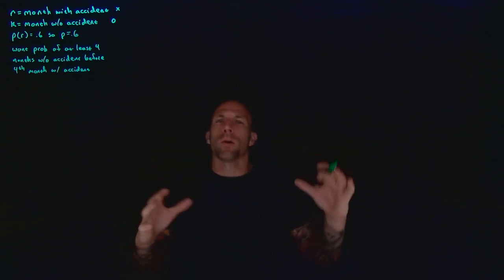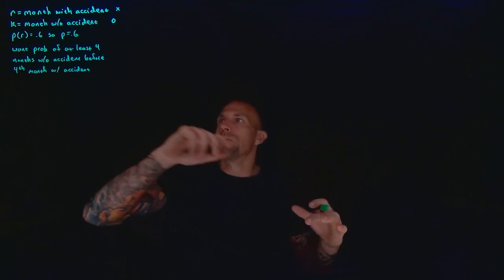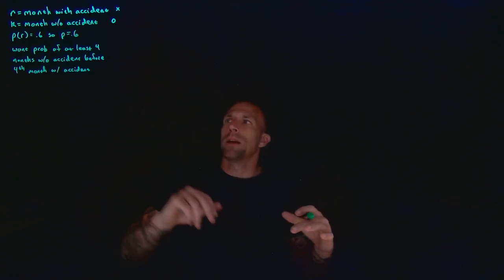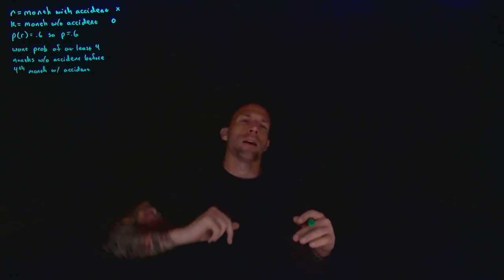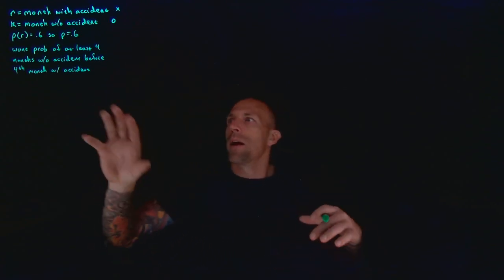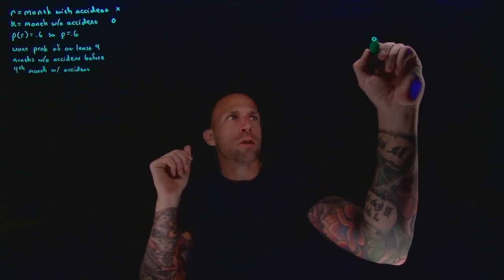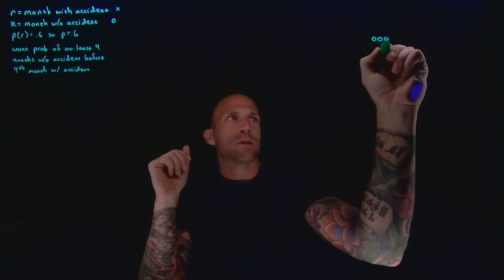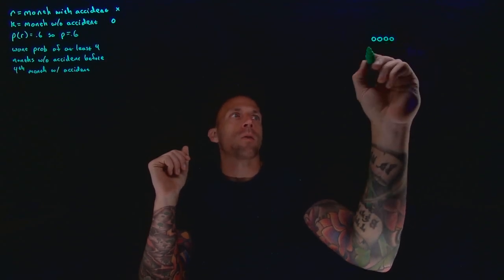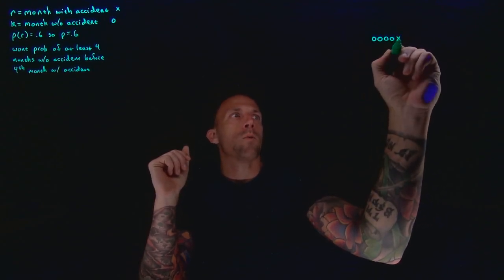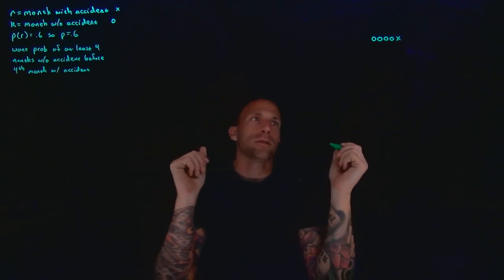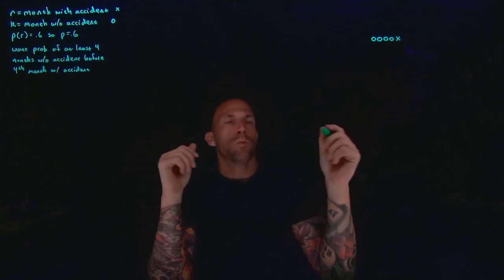And let's look at it visually for just a moment before we run the numbers. Month with an accident is going to be an X, and month without an accident is going to be an O. And we want the probability of at least 4 months without accidents before we get to our fourth accident. So that is one way that could happen.